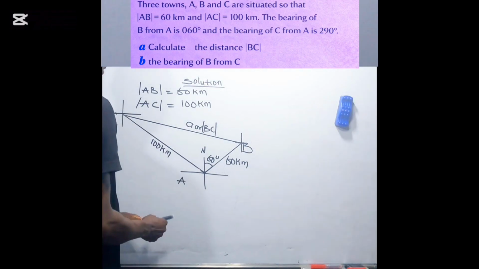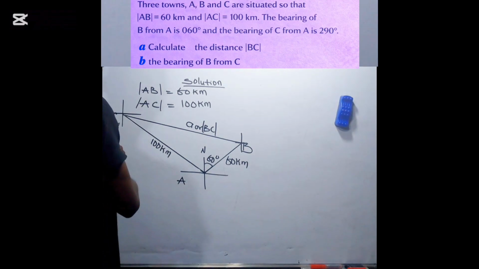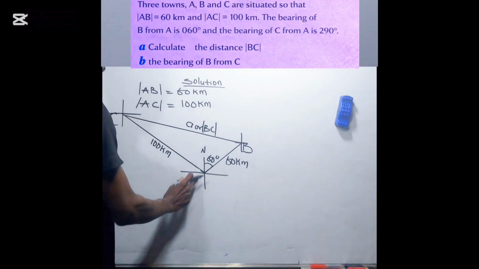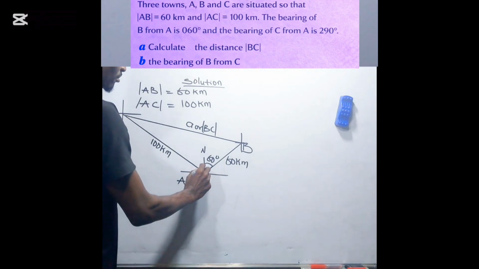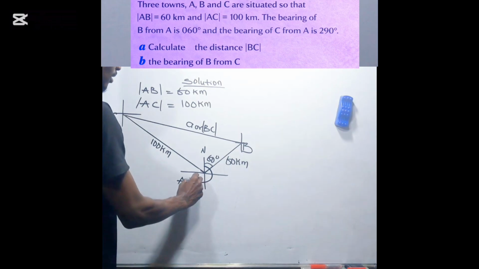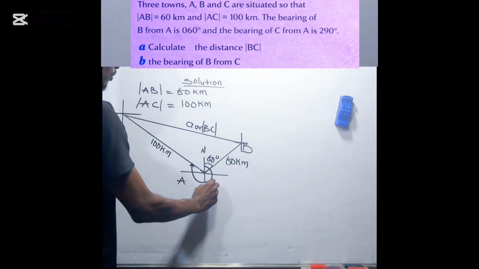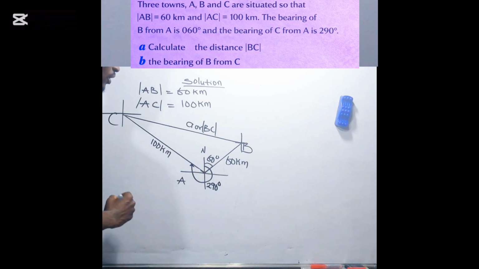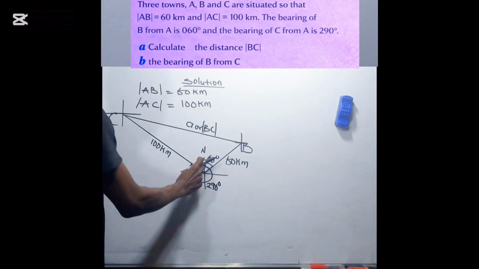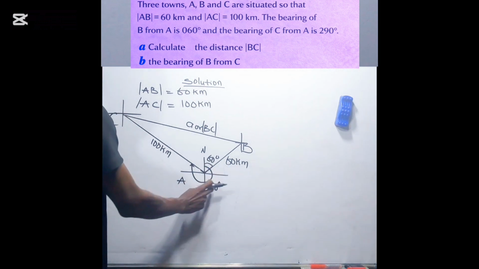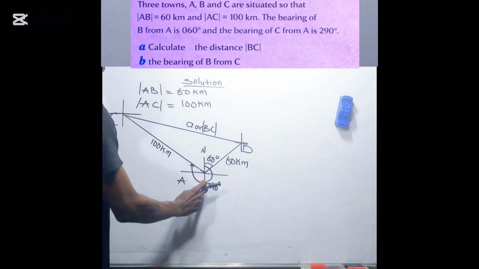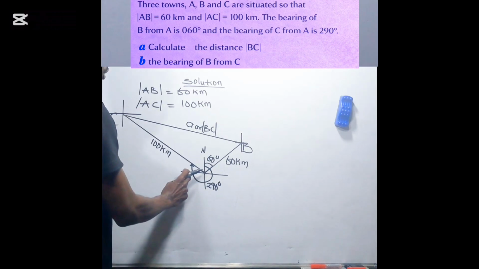Now, recall that C from A is 290. That means from A, which is north of A, to point C, the angle here is 290. The first quadrant is 90, the second quadrant is 90, making 180, the third quadrant is 90, making 270.